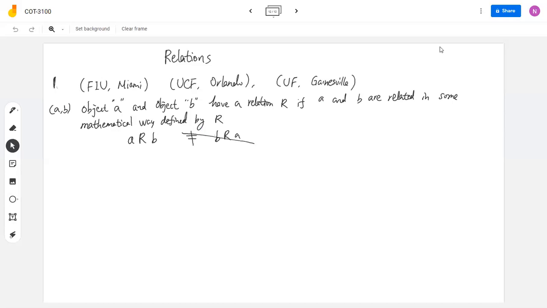So in this example, we can say FIU R Miami, sorry, UCF R Orlando, and so on. And this R relation actually means something like "at".